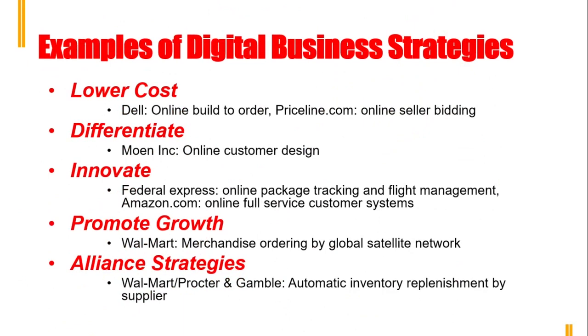I'm going to talk to you about other examples of strategies. These are extra examples. Alliance strategies, for example, how Walmart and Procter & Gamble collaborate together on an automatic inventory system. Recently I've been involved in a project to develop a simulation for British groceries.